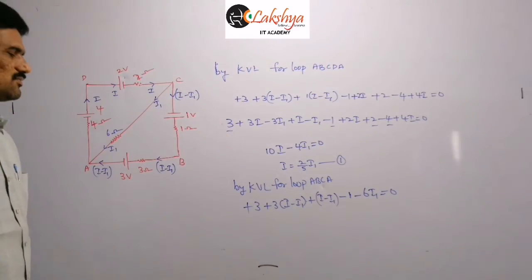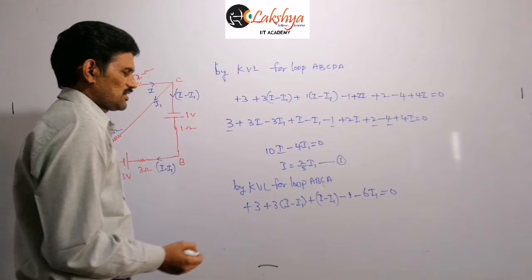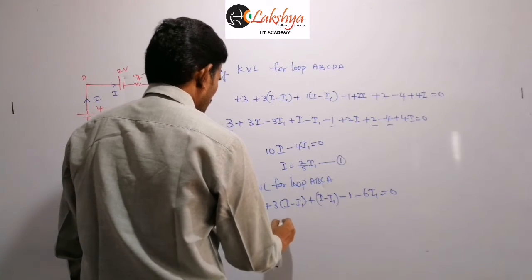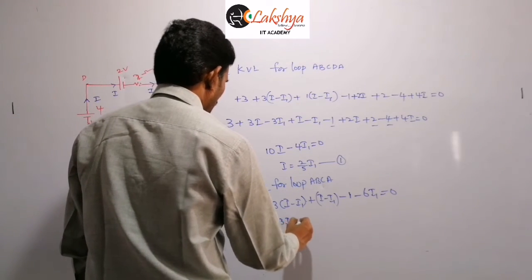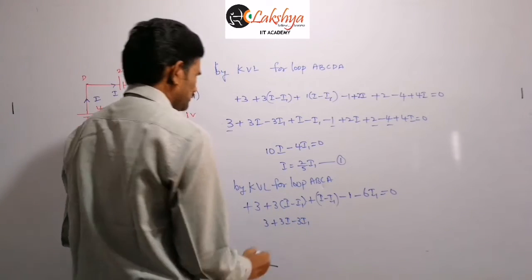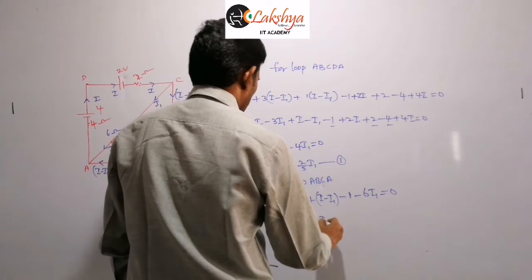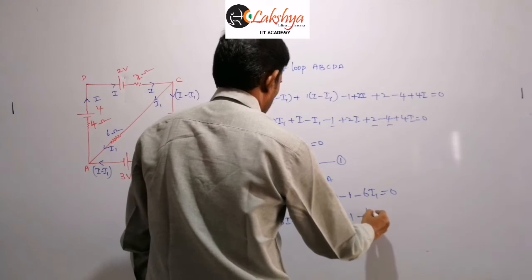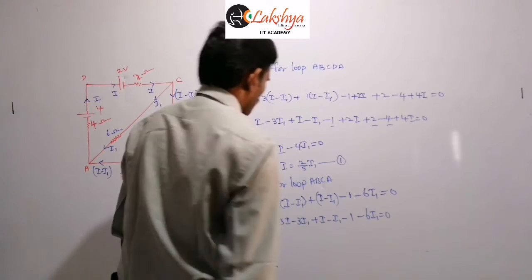So it is application of the Kirchhoff law. You can do the simplification here again. So then it is 3, constant is only 3 is there, then plus 3i minus 3i1 plus I minus I1, this is minus 1 and 6i1 is equal to 0.